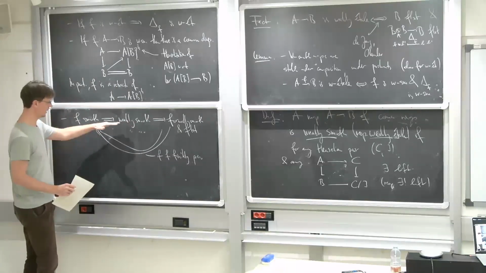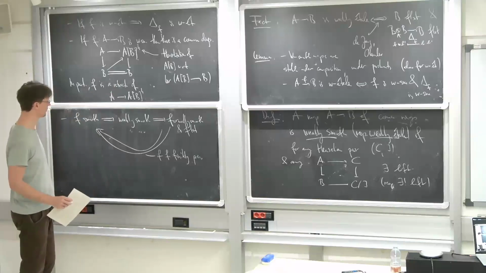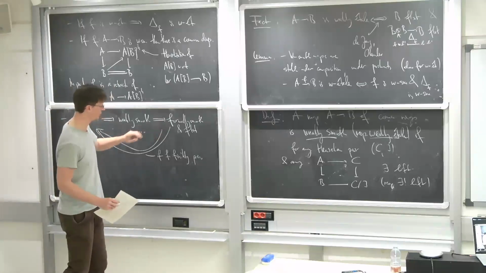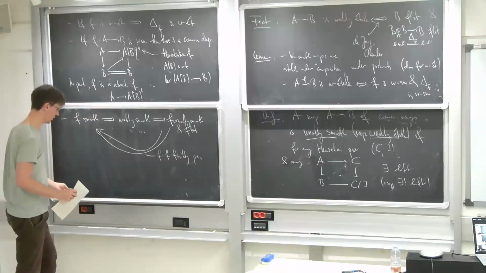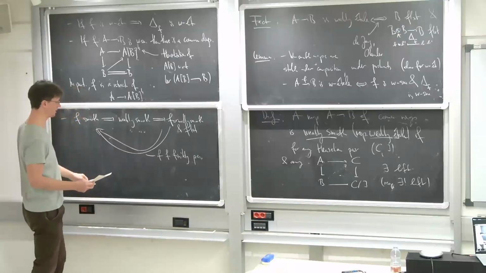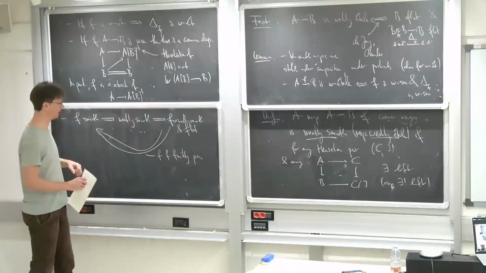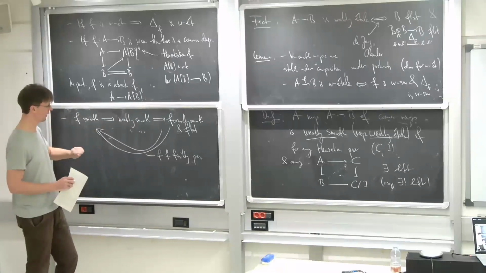But this is clearly much weaker because there's no finiteness, and there are also examples showing that it doesn't work in general. So you want to think of weakly smooth as being, at least from my point of view, the correct generalization of smooth if you drop all finiteness conditions whatsoever.